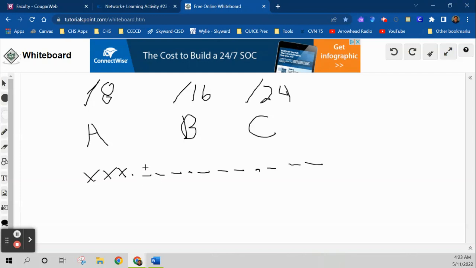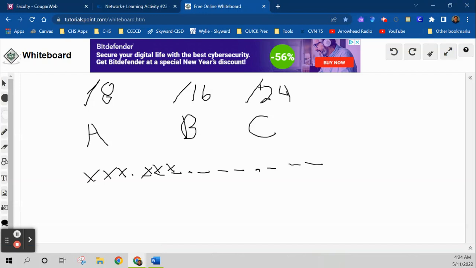And if I want to do 16, then basically on my IP address, I'm going to have the first 6 numbers. Of course, the dot keeps them separated. But what that means is I have 16 bits I'm working with. And the same is true for the C class, that I fill in the remaining IP component, and I'm left with 24 bits.